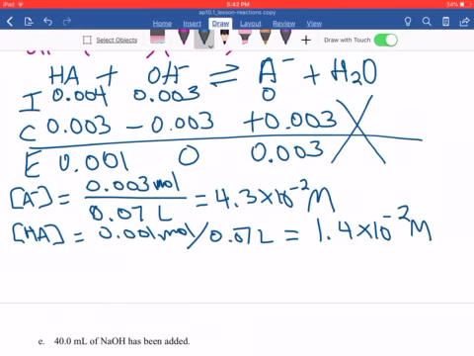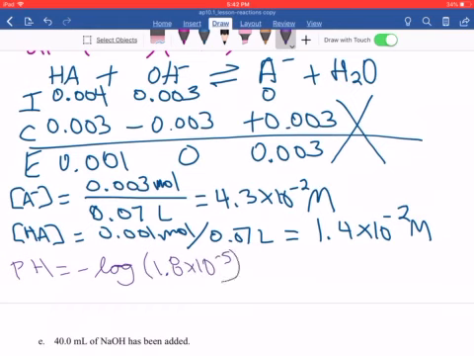All right, next step is to plug it into our Henderson-Hasselbalch equation. So our pH is equal to the negative log of the Ka, that's our pKa, so 1.8 times 10 to the negative 5th, plus the log of acetate divided by acetic acid, so the conjugate divided by the weak acid.